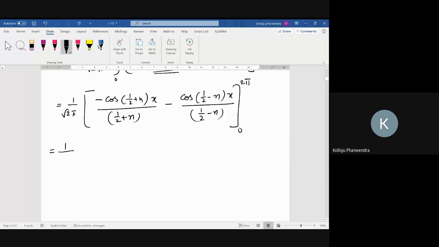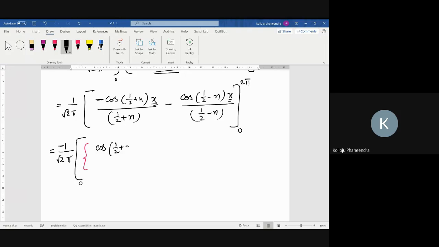Now substitution of limits, 1 by root 2 pi. First the upper limit, 2 pi in place of x, in one bracket. I will take minus common, so both terms become plus inside.